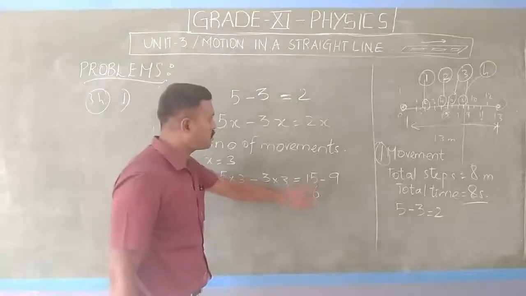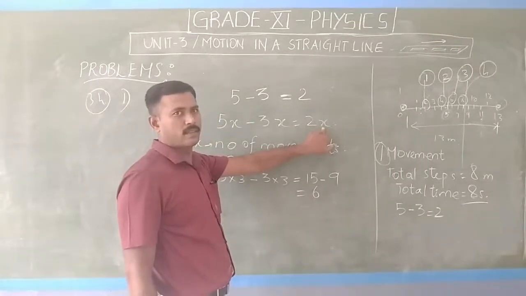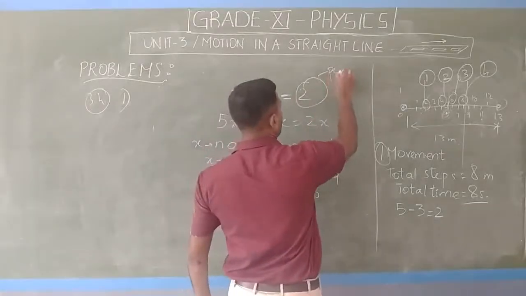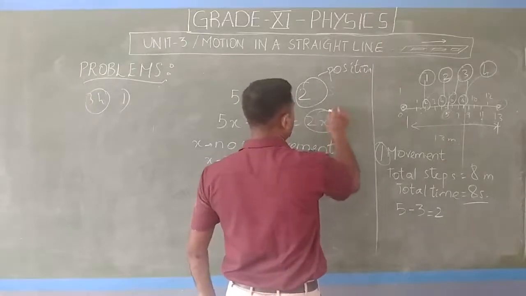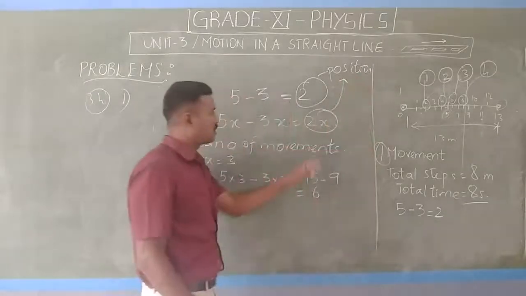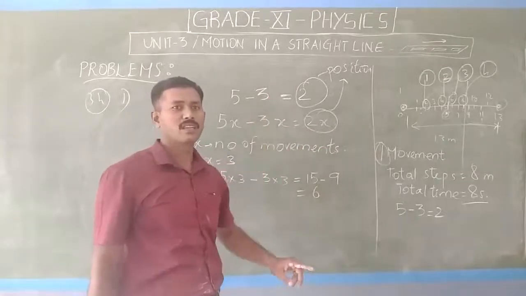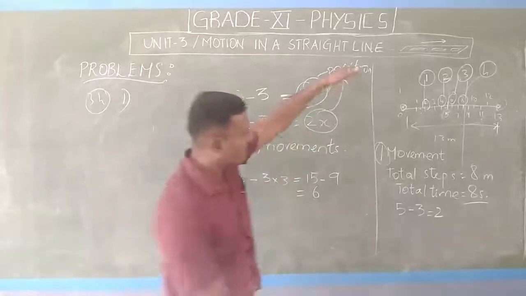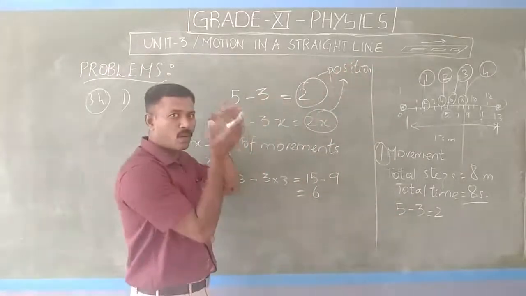So compare this. These two are positions. Now if I put x equal to 3, what is my position? 2 3s are 6.